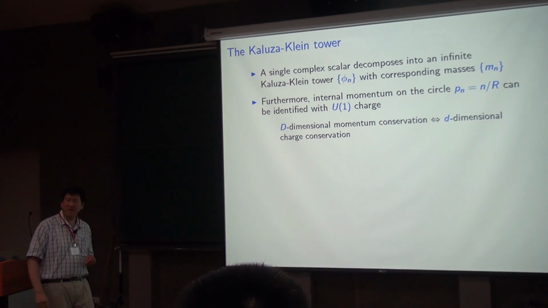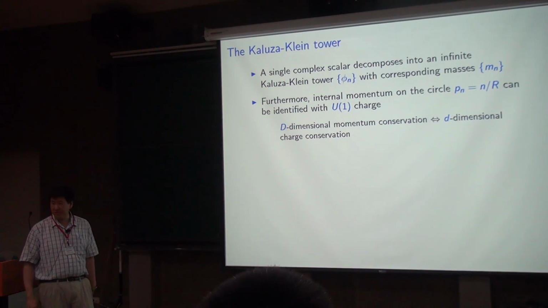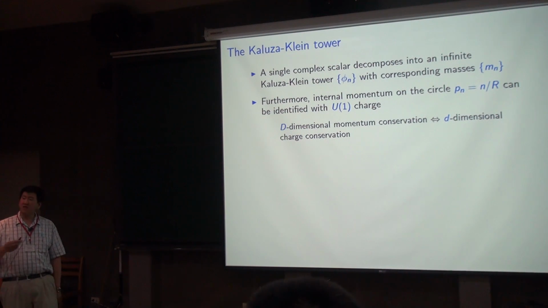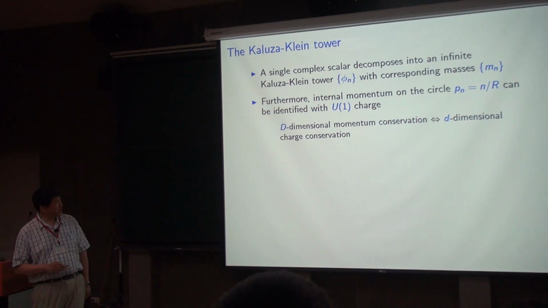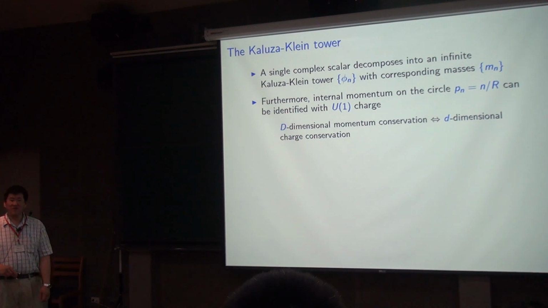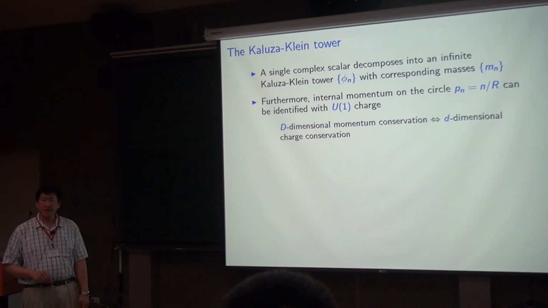I can also imagine the Fourier modes e to the i n y over r as basically a plane wave mode along a compact direction, along a circle. So this n over r factor can also be represented as the internal momentum of motion of the particle along my internal circle. And there's a bit of a geometric picture here: the momentum of the particle along the circle corresponds to a conserved charge in 4 dimensions.